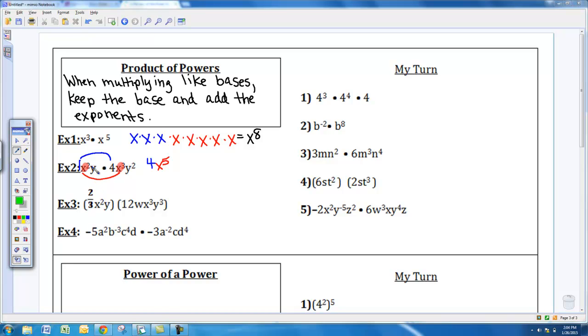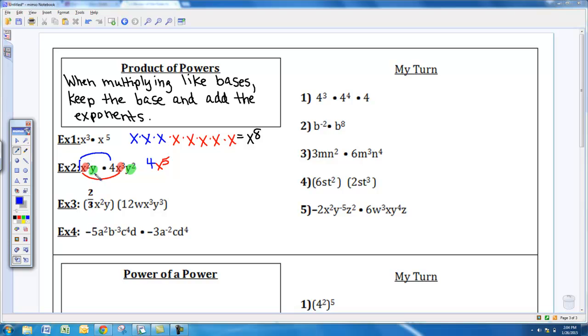We also have y and y squared that we're going to multiply. So we need to keep the base and add the exponents.